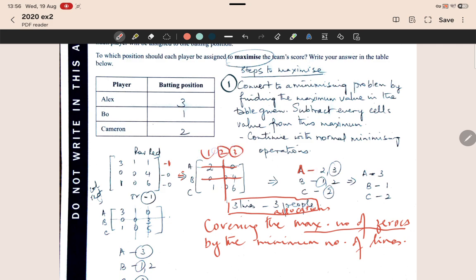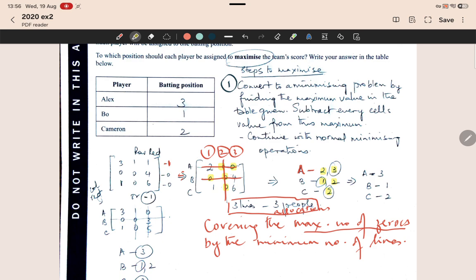Now, let me write this as 1, 2, and 3 batting positions. A has zeros in positions 2 and 3. B has zeros in positions 1 and 2. And C has position 2 alone.